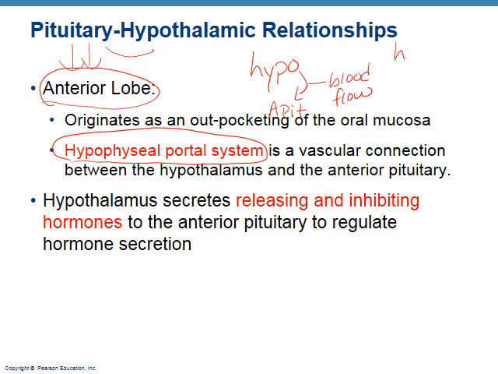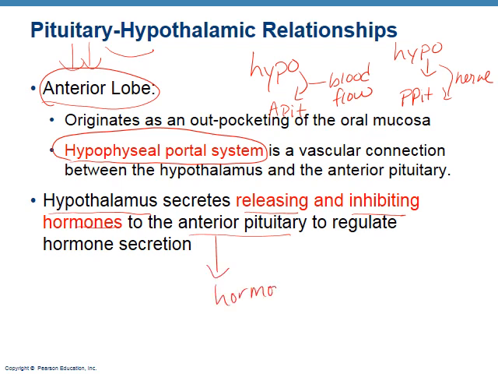This is different because if we go from hypothalamus to posterior pituitary, this is a nerve, right? So now we're talking about blood flow, and this hypophyseal portal system is what connects the hypothalamus to the anterior pituitary. The hypothalamus is going to secrete releasing and inhibiting hormones that are going to target the anterior pituitary and cause it to release hormones.